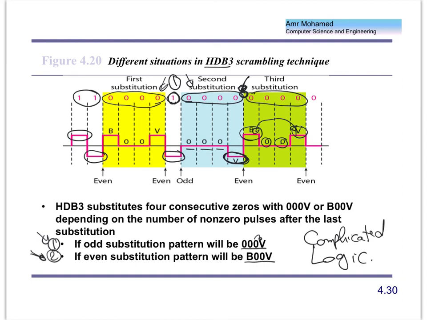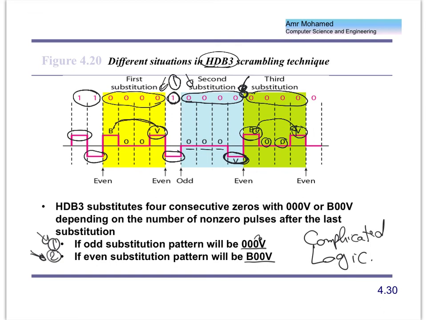Right, right. So that's what I'm saying. When you find the violate, then you have a very complicated logic. We have to go back, because we know that violate for this technique triggers a replacement for 4 consecutive zeros.